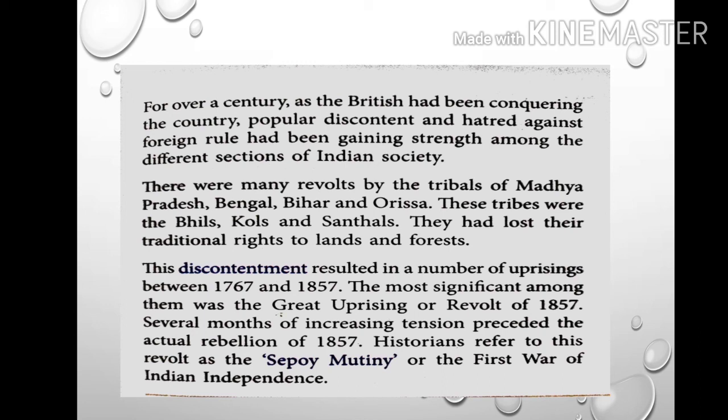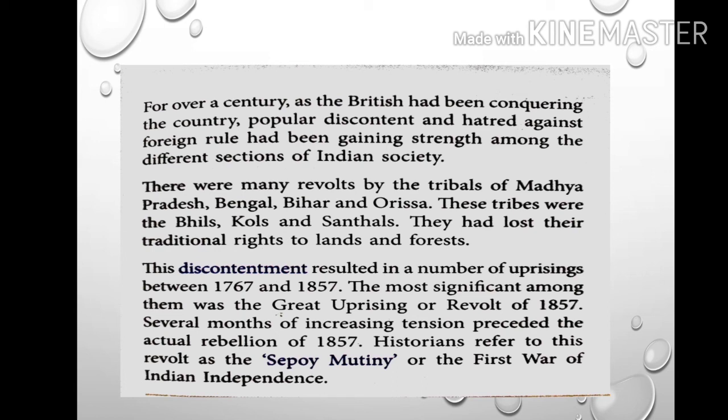For over a century, as the British had been conquering the country, popular discontent and hatred against foreign rule had been gaining strength among the different sections of Indian society. You know that British people came to India as traders. They established factories here.